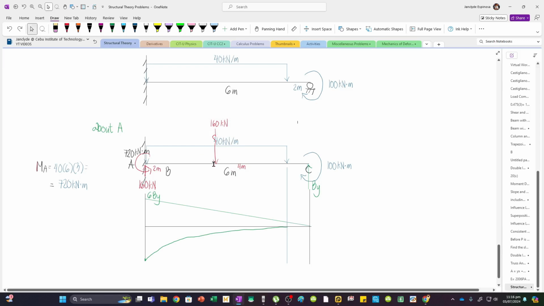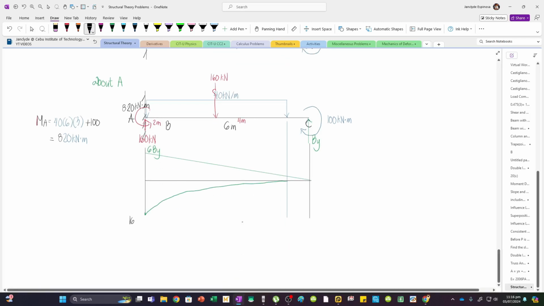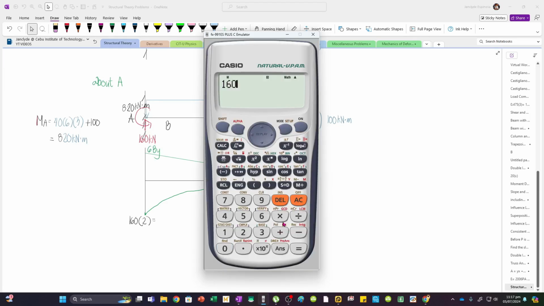If the rotation is downward, the area is automatically negative. And if it's upward, the area is positive. And so this value is 160. By the way, there is also 40 times 6 times 3, and there is also plus 100. Plus 100, so this is 820. So we have here 160 multiplied by the moment arm, which is 2. Again, this is the 4, and this remaining distance is 2 meters. So 160 times 2 gives us 320.